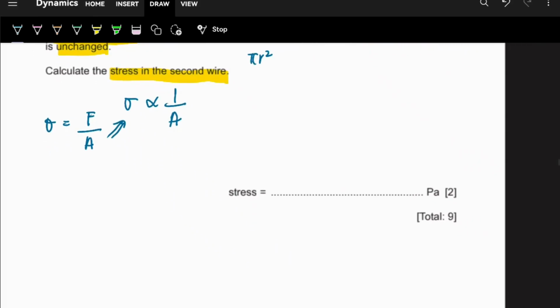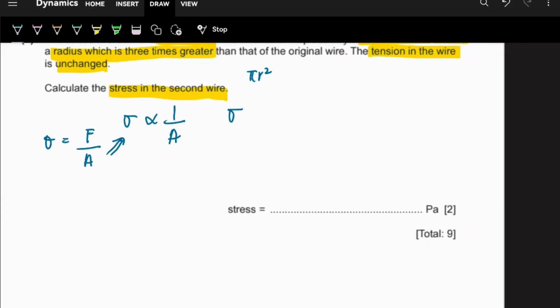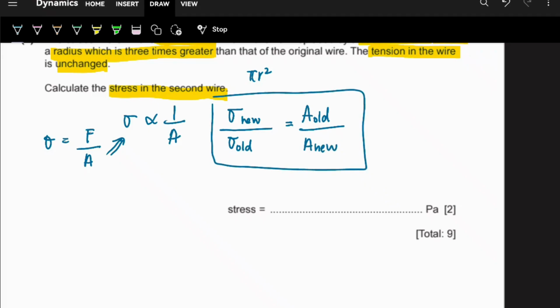So, using ratio, let's do this. Stress of the new one over stress of the old one equals, since it's inversely proportional, the cross-sectional area of old should be up, the new one should be down. This is the ratio method.